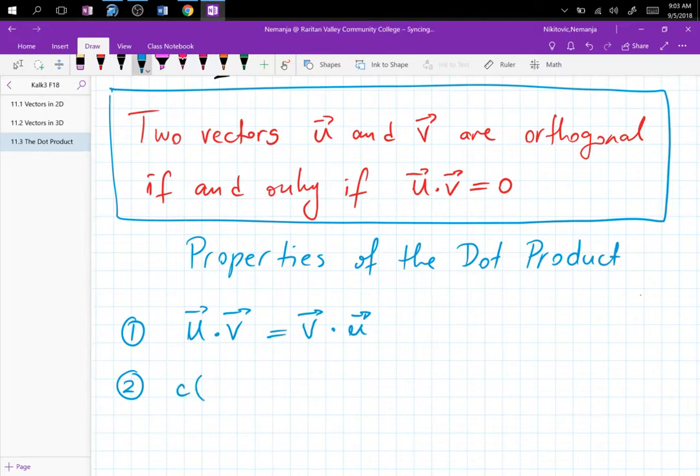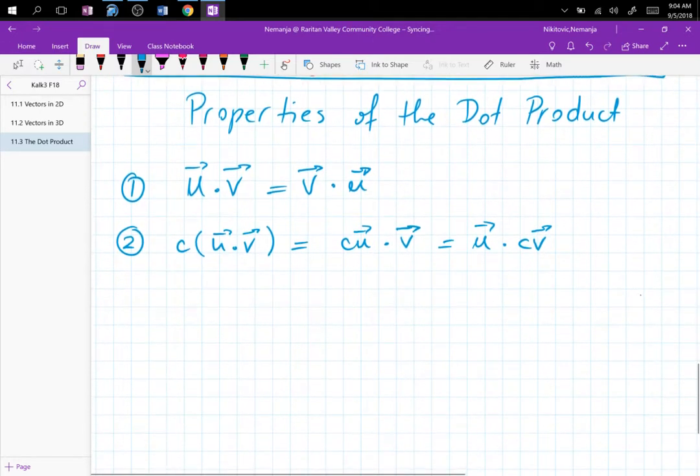Then we have associative property. And finally, distributive property.